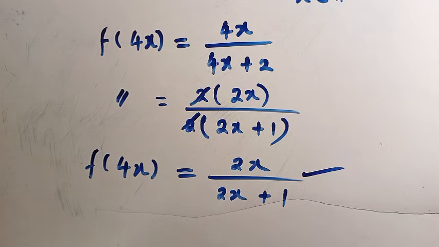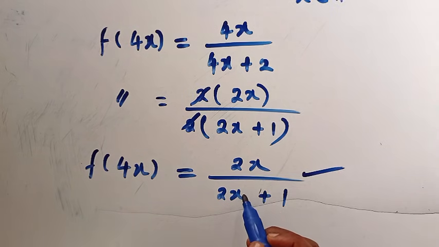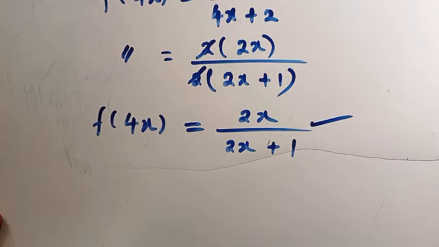After getting f(4x), we now want to make this one be in terms of f(x). So this is the first solution, but the second is that all these x must not be here. We want to have them in terms of f(x). So how can we do that? Let's come back to the real function f(x).